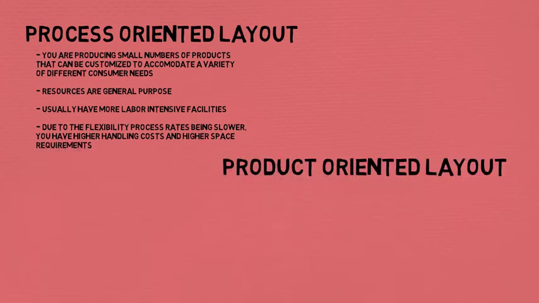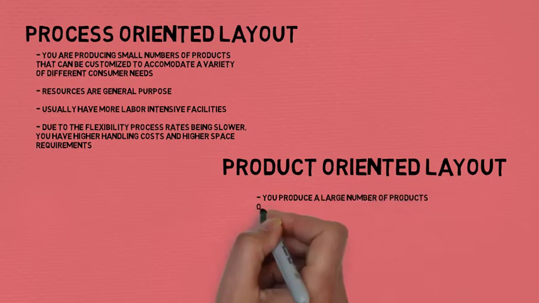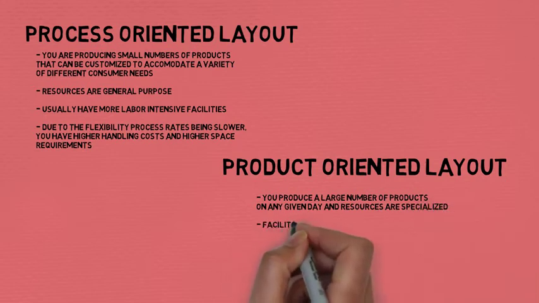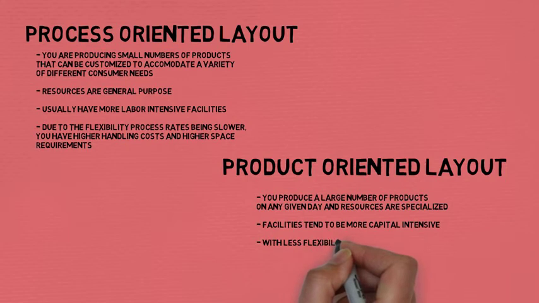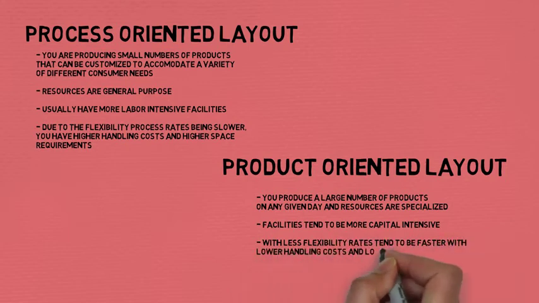In the product layout, you produce a large number of products on any given day, and resources are specialized. Facilities tend to be more capital-intensive, with less flexibility in comparison to process-oriented layout. Processing rates tend to be faster with lower handling costs and lower space requirements.